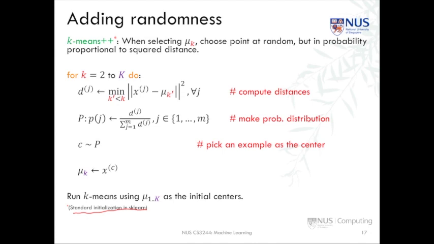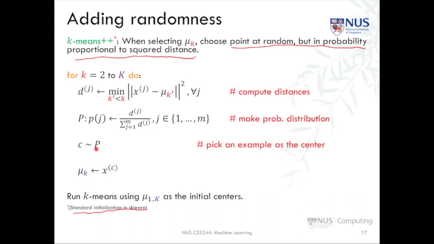Instead of deterministically selecting the next centroid, we're going to choose a point at random, but do so against a probability distribution proportional to the squared distance. So just as before, we're going to calculate the distance values for each point to all of the existing centroids. Once we have distances for every point, we're going to form it into a probability distribution by normalizing against the entire sum of distances for all of the points.